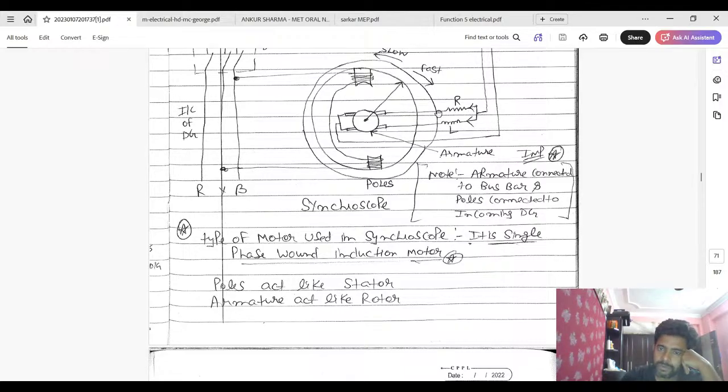The current passing through the resistance will have voltage and current in phase.